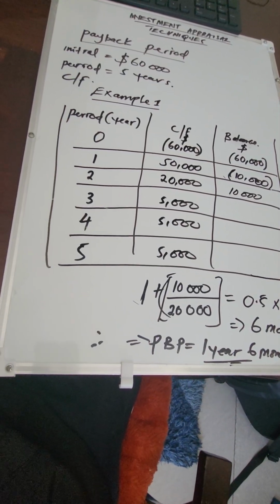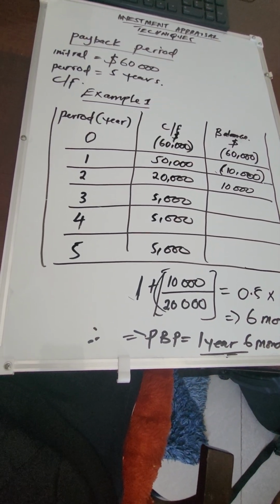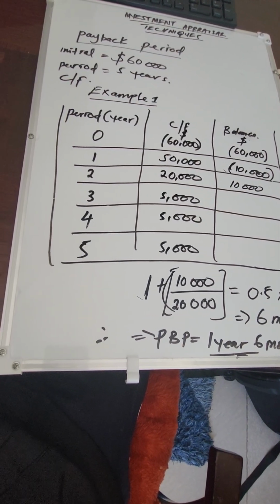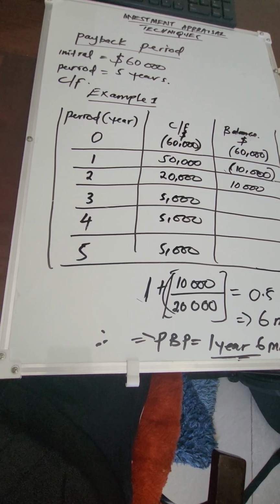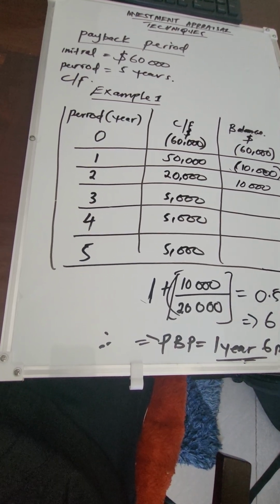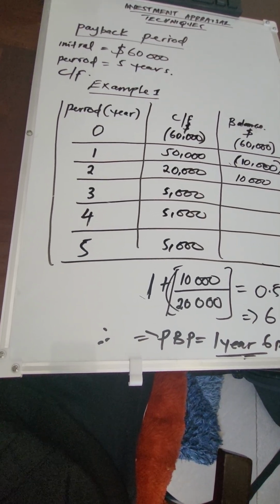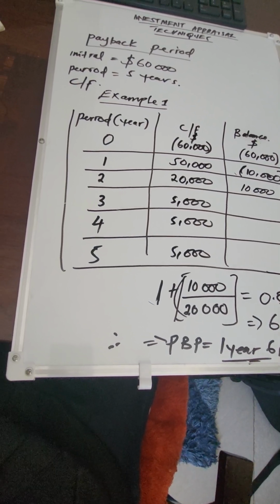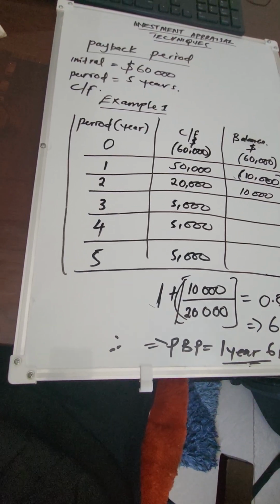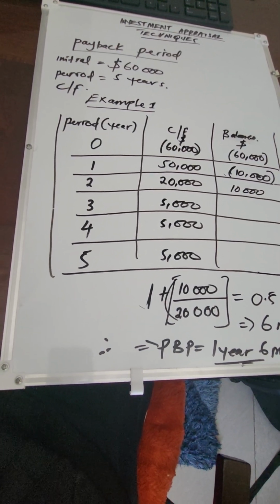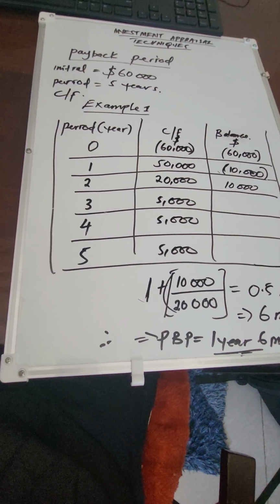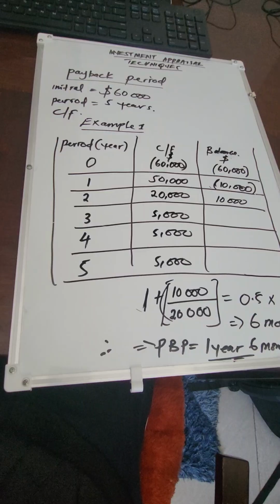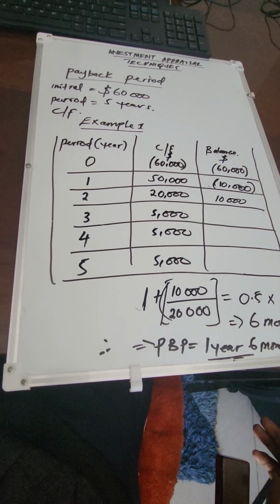Maybe just the downside part of it is that it does not take into account the time value of money, meaning that it doesn't factor in things like inflation, interest rates, those things. It does not take into account time value of money. That's the major downside that the payback period has. But otherwise, this is about the payback period.